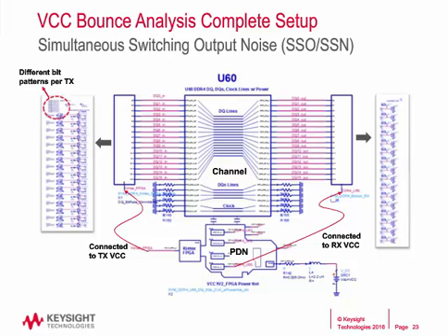This is the simulation result of VCC bounce. The result data looks similar to the ideal case, but actually it is not. Let's take a closer look at the data on the next page.